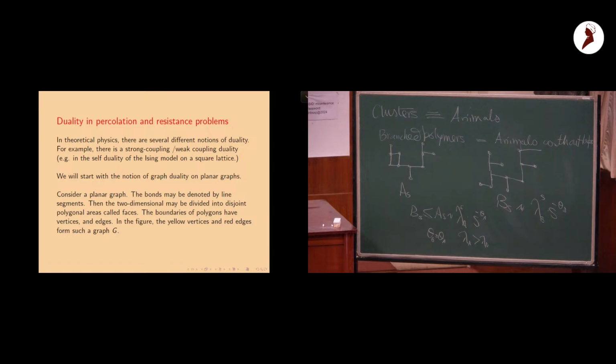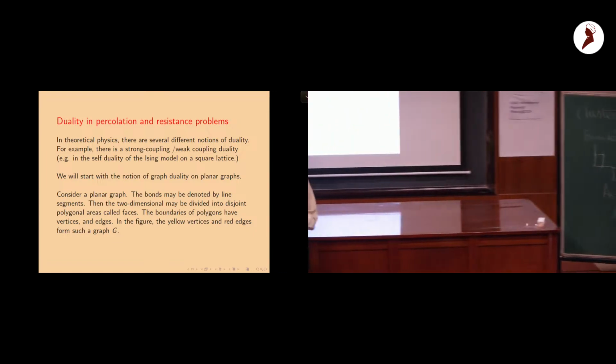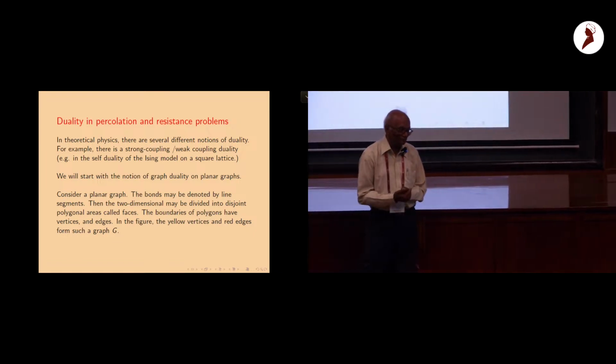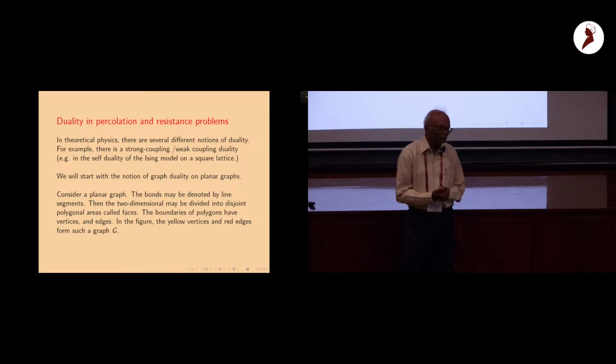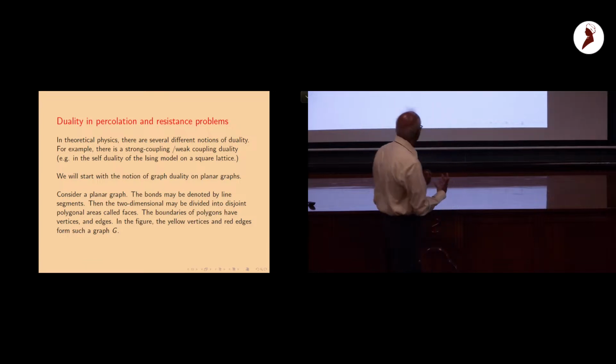So if you think of the bond present as some kind of coupling and bonds which are not present as some kind of weak coupling, absence of coupling, then even this looks like strong weak coupling duality. But I think it is useful to keep this distinction in mind. Right now what we are discussing is geometrical duality, and it is defined to begin with on planar graphs.